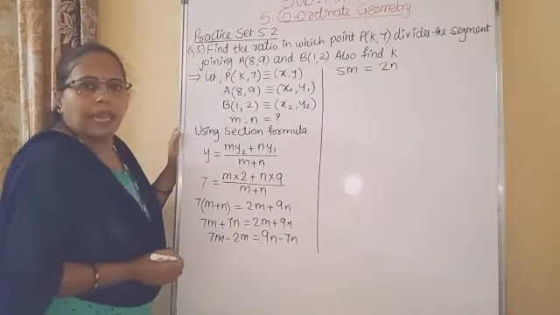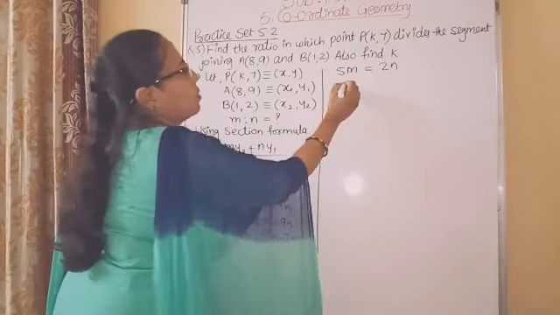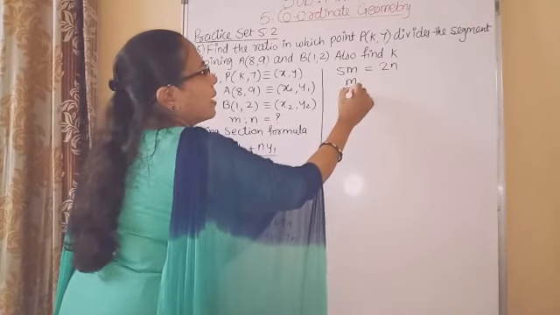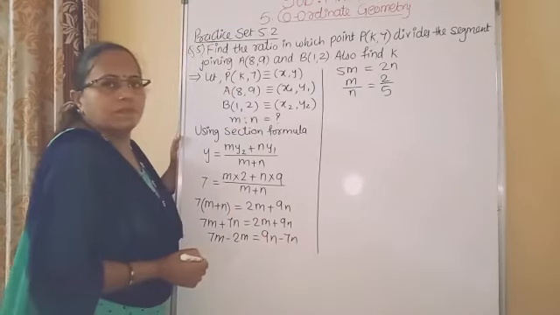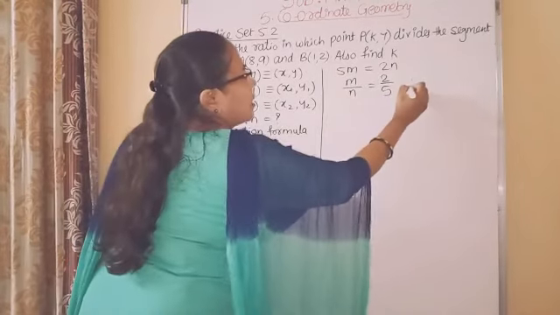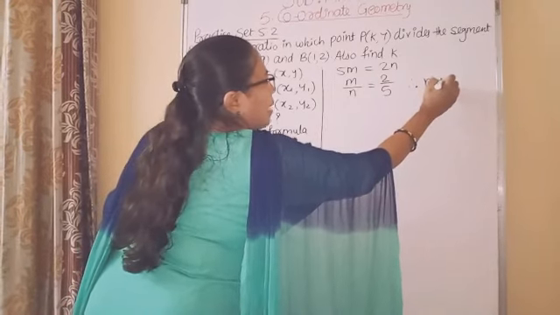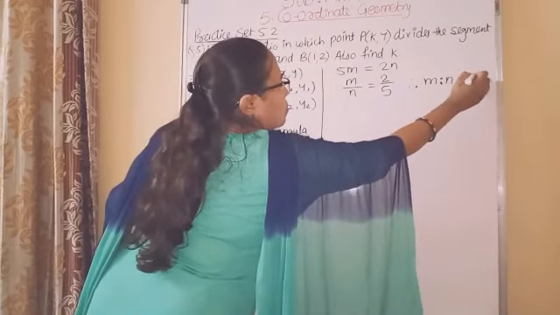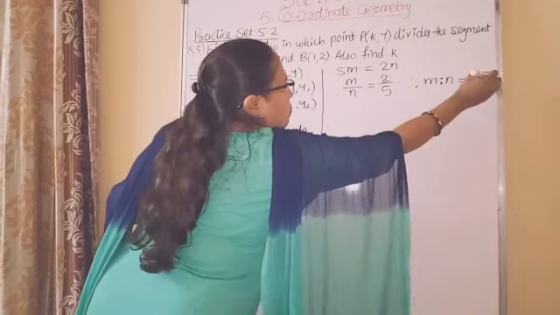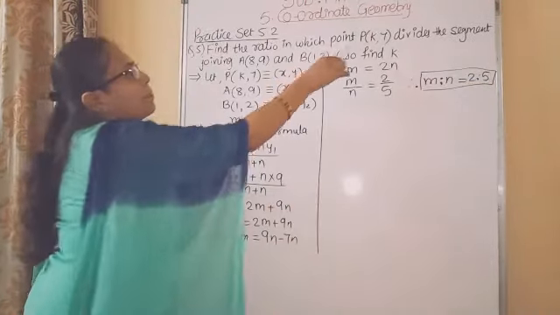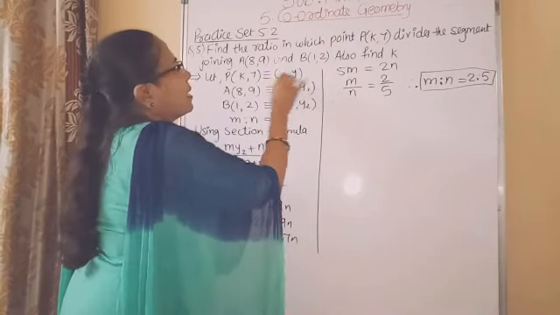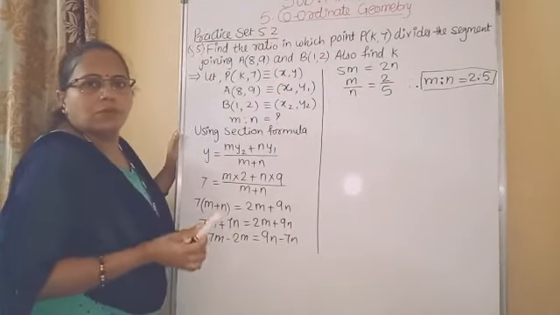Now we want the m is to n ratio. So m divided by n is equal to 2 divided by 5. Followed? Therefore here we will get the answer m is to n equal to 2 is to 5. So point P divides the segment AB in the ratio 2 is to 5.